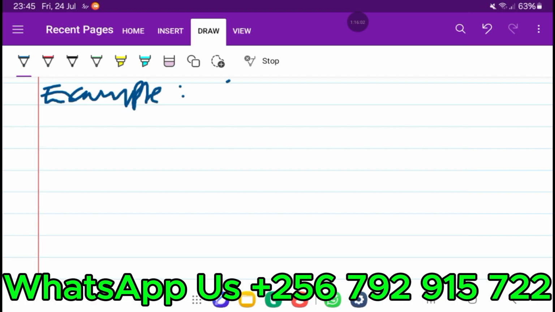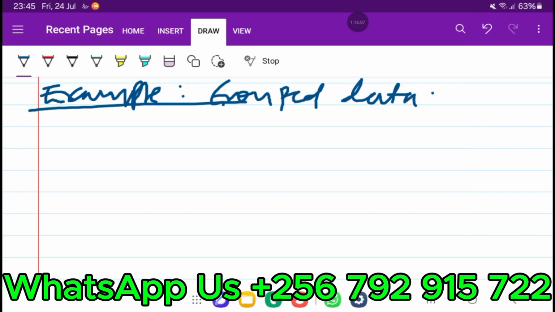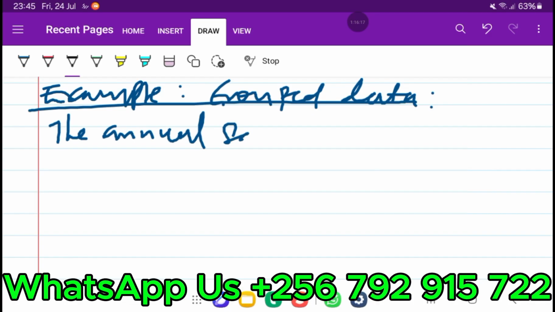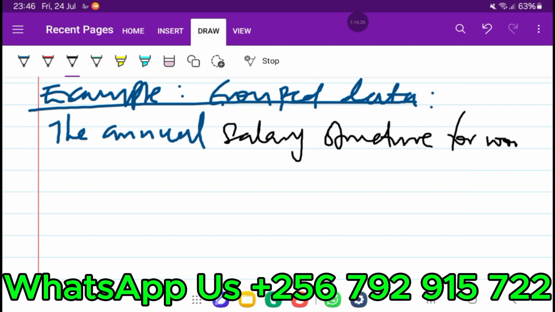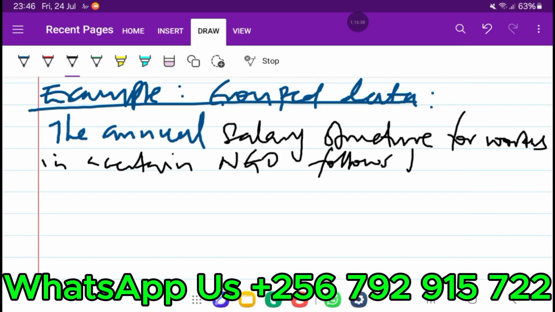Here we are looking at grouped data. The annual salary structure for workers in a certain NGO follows the distribution below.